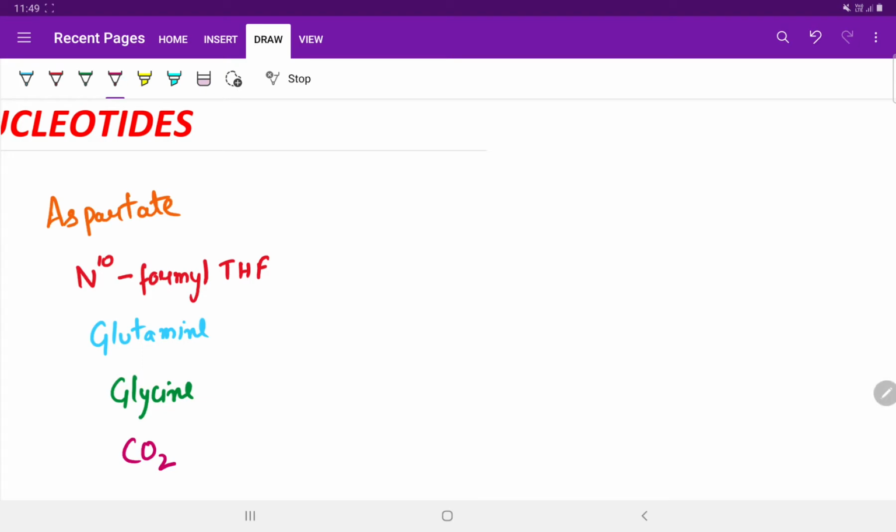So now let us see how this purine ring is formed. So students, this part is provided by the aspartate, whereas this carbon end is provided by the carbon dioxide.